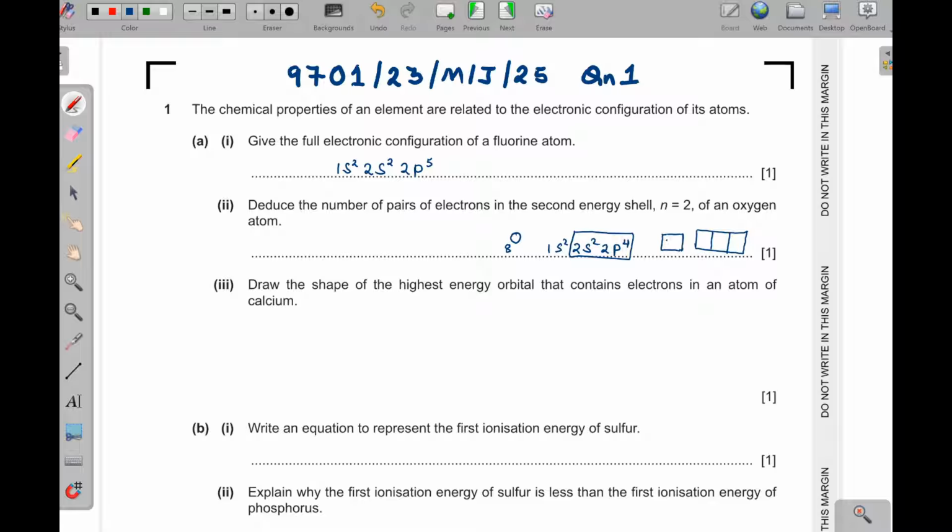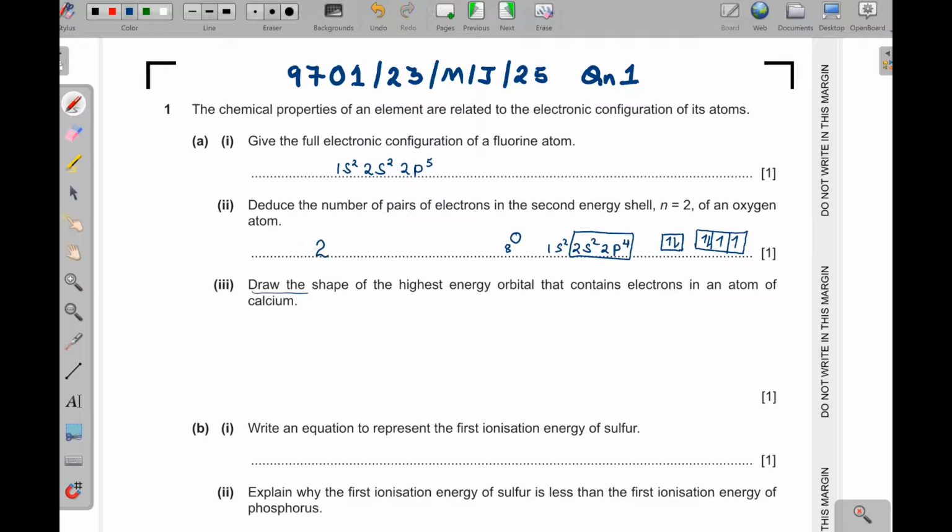Now here we have 1, 2, because there are 2 electrons in there. Then p, we shall have 1, 2, 3, then 4. So the pairs, we have this one here and this one. So meaning the number of pairs will be 2. So I'll put a 2 there.